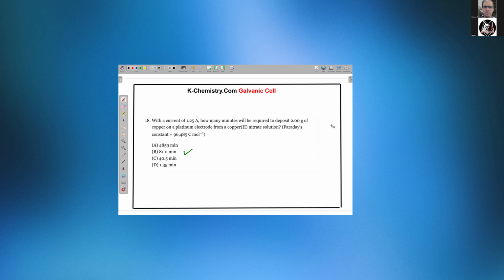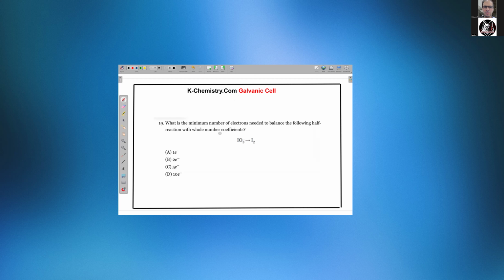3 more questions. What is the minimum number of electrons needed to balance the following half reaction with whole number coefficients? We add water on the right. How many water molecules? And hydrogen on the left.